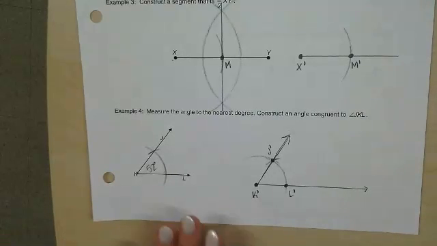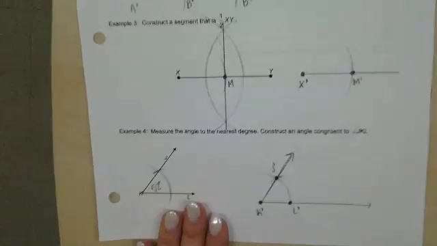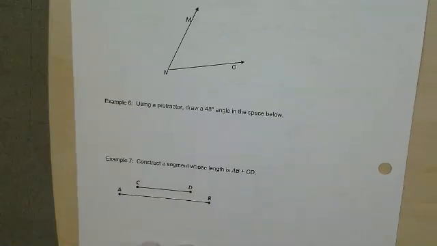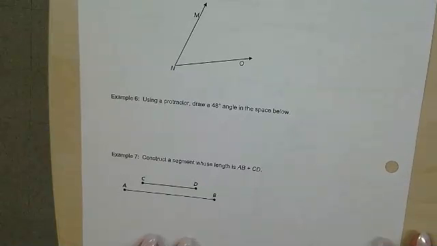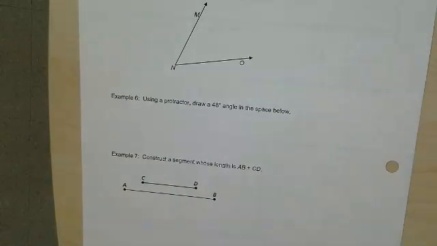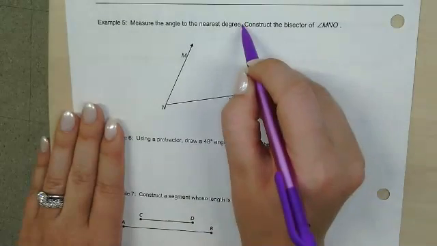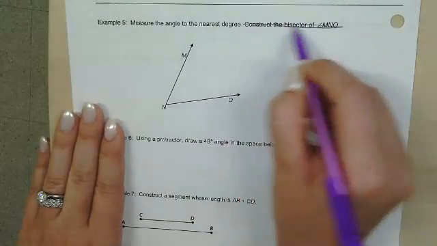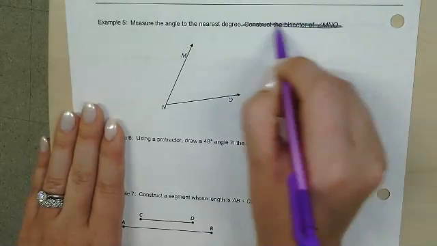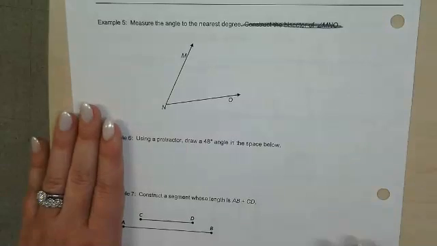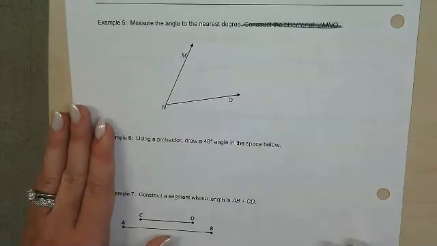All right, so once you have that one constructed, if you'll flip it over onto the back, okay. So on number 5, I want you to mark out this part where it says to construct the bisector. We're going to do that in another unit when we talk about bisector. So we're not going to do that part today.